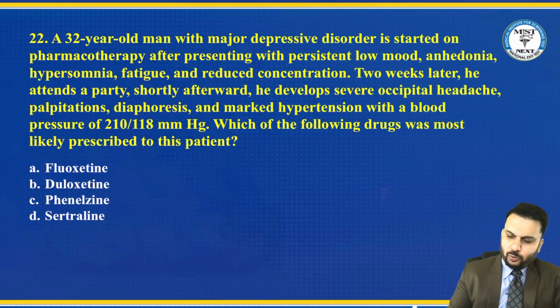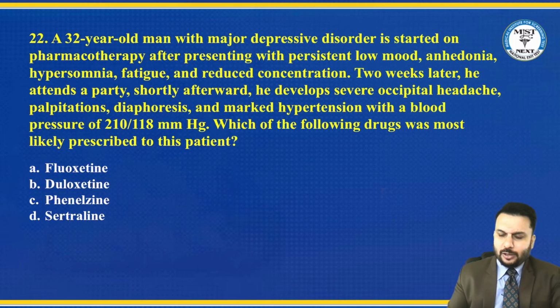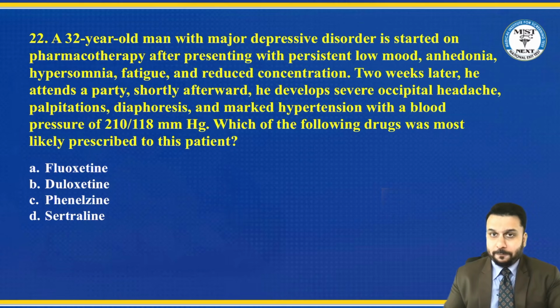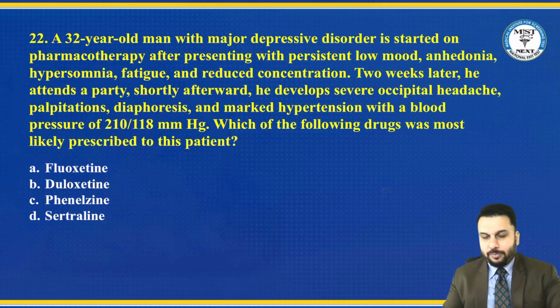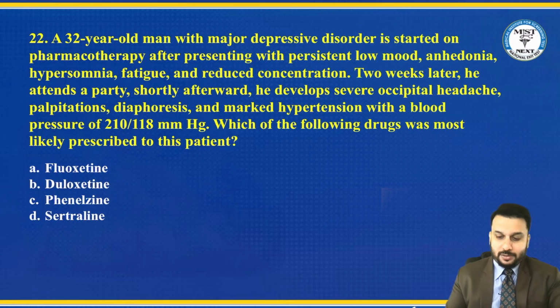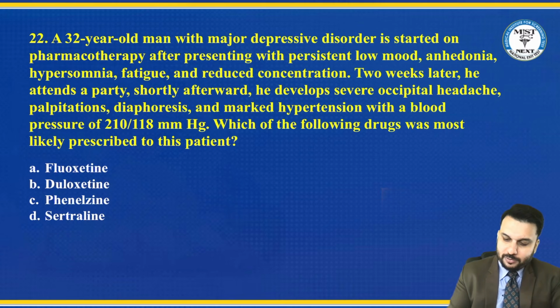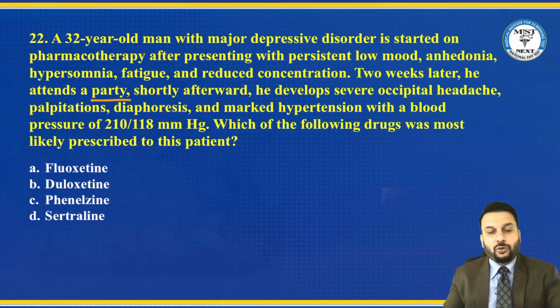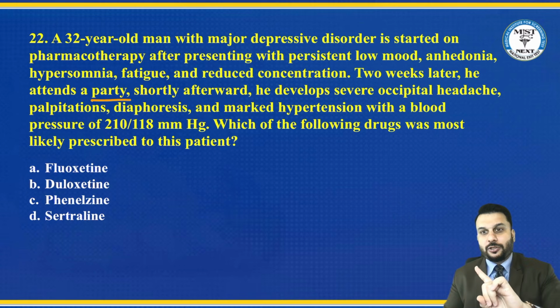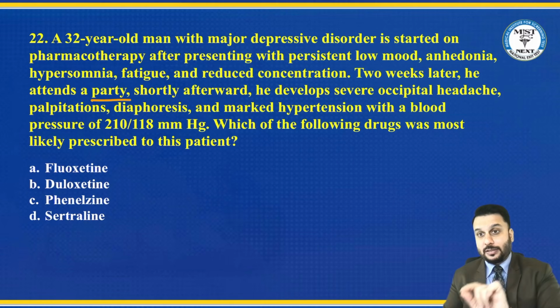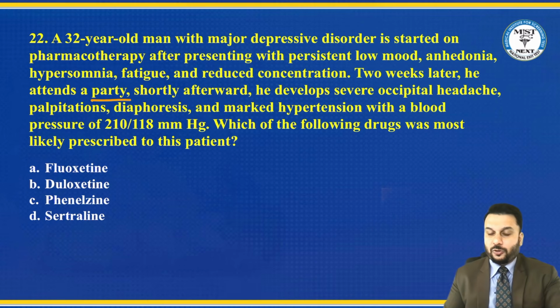Okay, so low mood, anhedonia, etc. Doesn't this sound like depression? Okay, so this person must be a depressed patient. So, depressed patient, he attends a party, obviously he must have drunk alcohol. So, do you have the relation in your head now? Party, that is alcohol, plus depression. Hoping you have connected the dots and you diagnose this is cheese reaction.